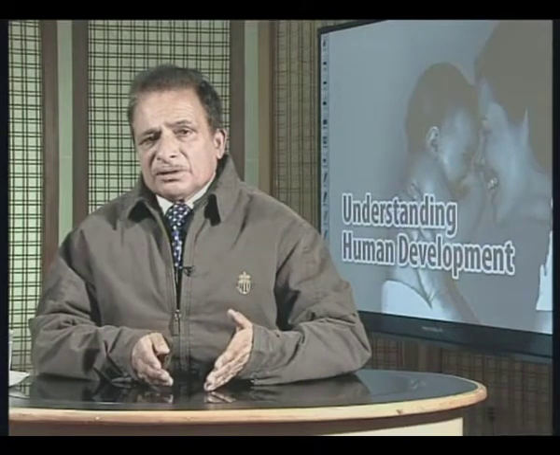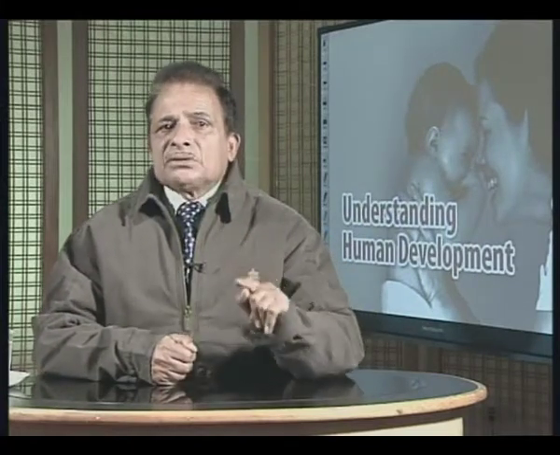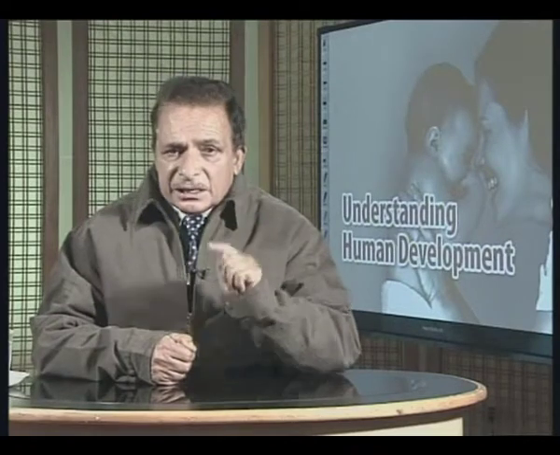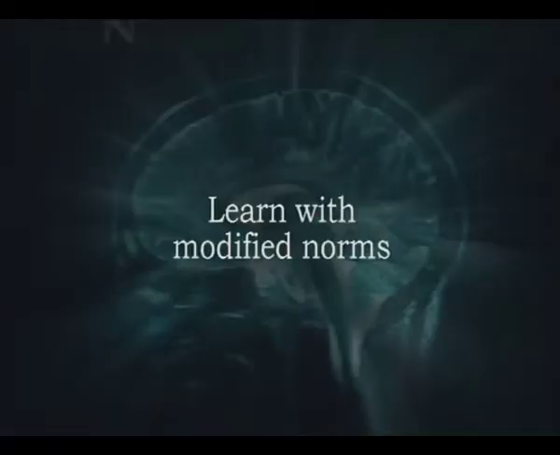The answer would be that he would like to have some modification. He would accept the norms with some amount of modification, and if that modification which he suggests in the norm is acceptable to others who are directly related with the child, of course this modification goes, and the modified norm is taken up by the child.